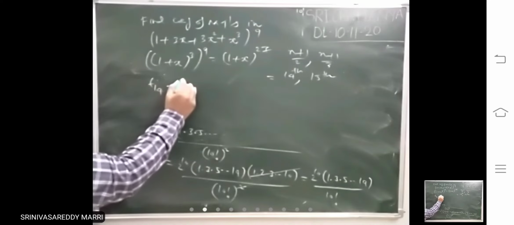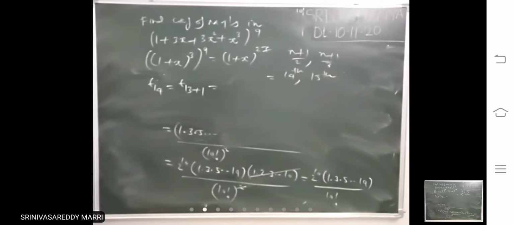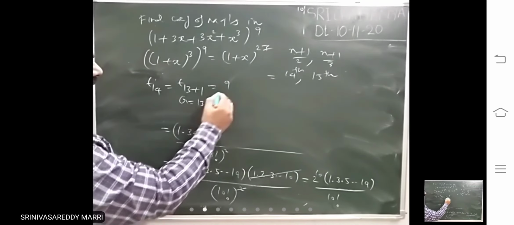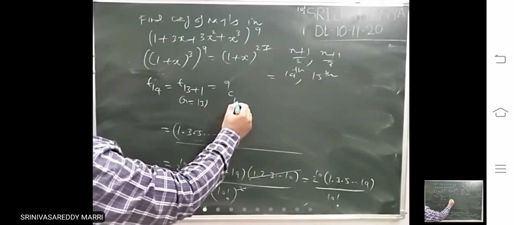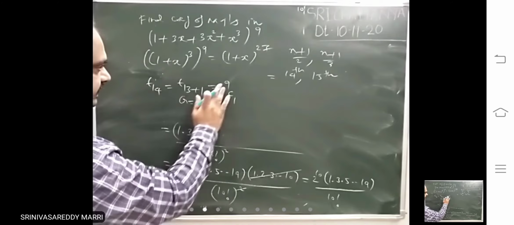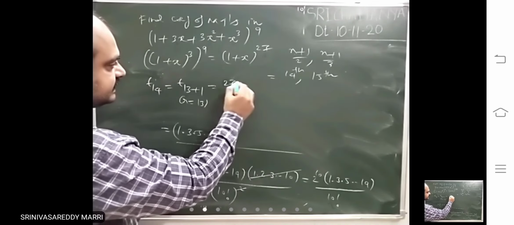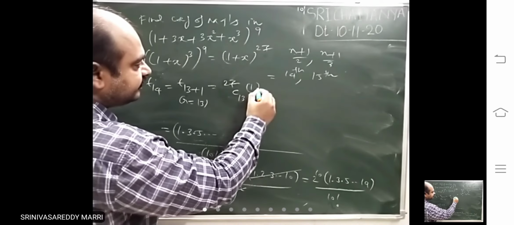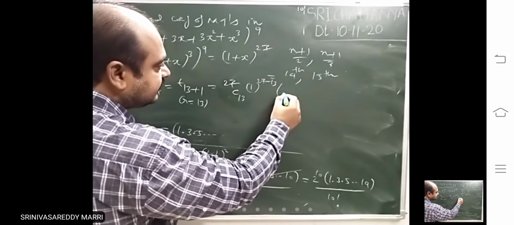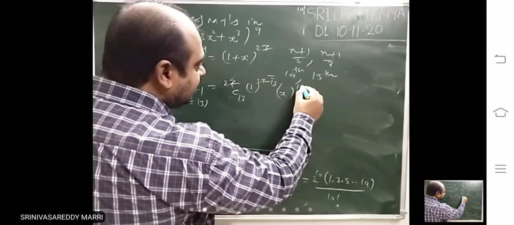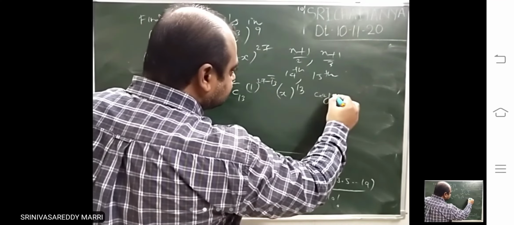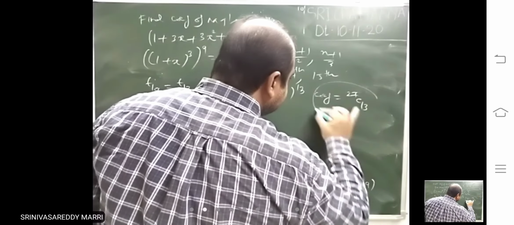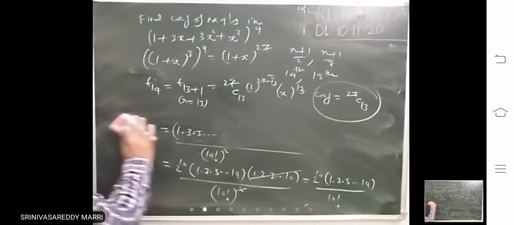The 14th term is T13+1. Then r is 13 and n is 27. So it is 27C13 into 1 to the power 27 minus 13 into x to the power 13. Therefore the coefficient of the middle term is 27C13. That's all, the constant is that only.